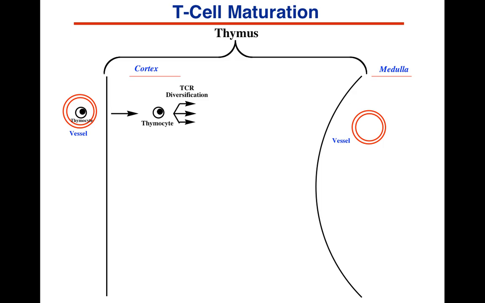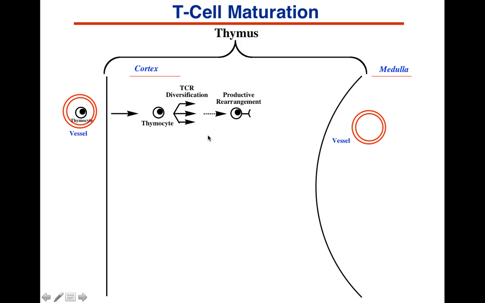So the thymocytes all look similar when they get into the cortex. When they get into the cortex, they start expressing their T cell receptors, or not expressing them, or expressing them very badly, or the T cell receptors are not functional, but they'll express whatever they're supposed to express. And there'll be productive rearrangements.